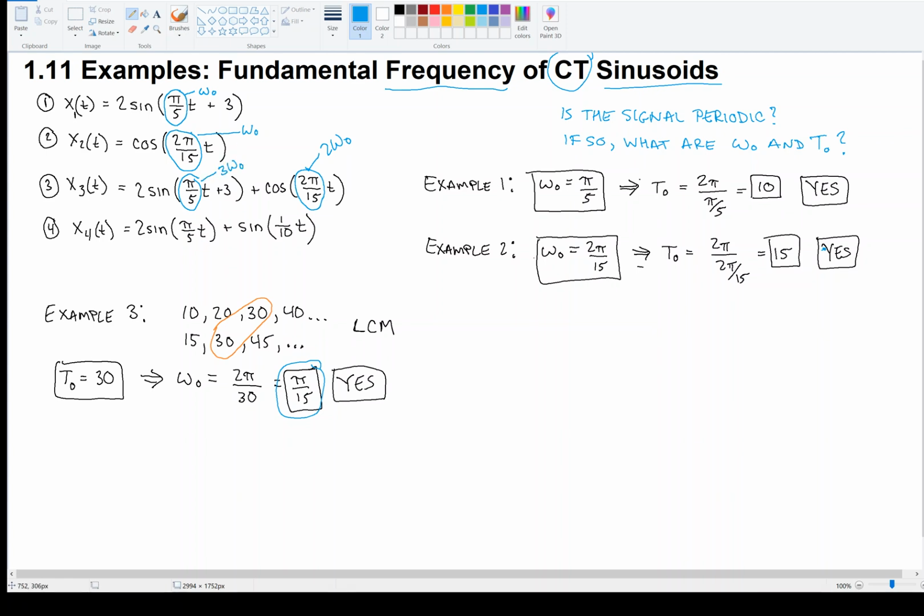Interestingly, we don't even have the fundamental frequency in our signal. We've got twice and we've got 3 times. And in the period of 30 units of time, this first one has gone 3 cycles, and this second one has gone 2 cycles, and they're ready to repeat together again. All right, let's look at example 4.